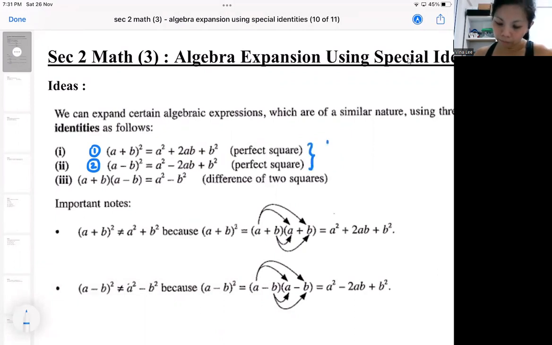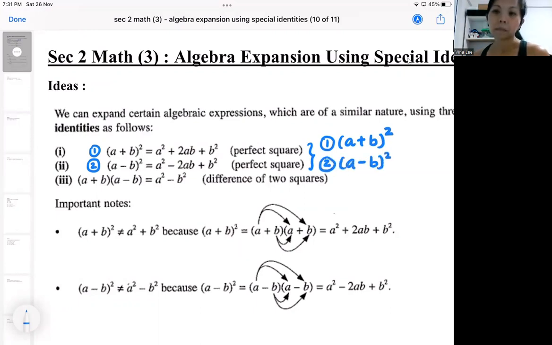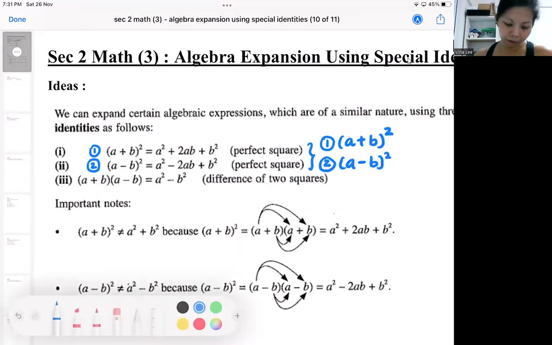If you take a look, number one is for a plus b squared. Anything that has a square is known as a perfect square. This is called a minus b squared. So the difference will be the plus minus.